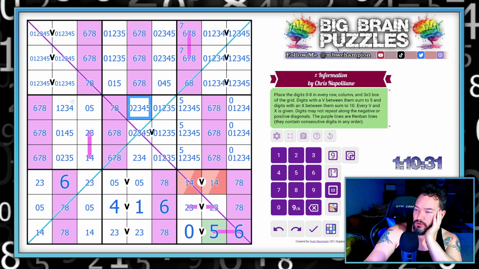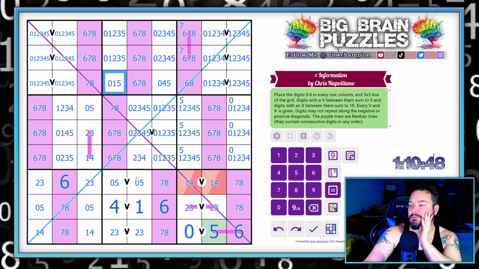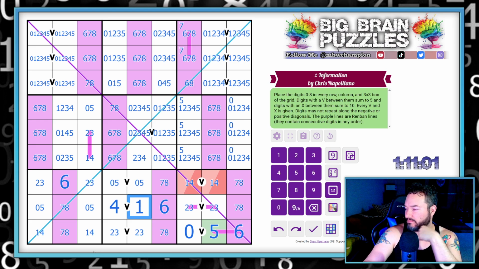If this is a 0, that's a 5. 5 would have to go not alongside this, or it can't be in there. 5 would have to go here, which does still work here. It'll be like 0, 5. Plus, minus, plus, minus, plus. Yep, it's working.